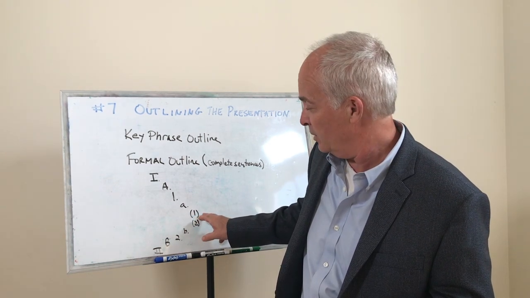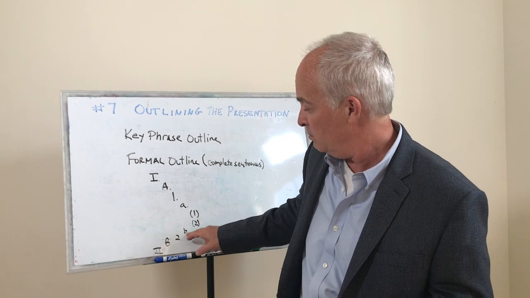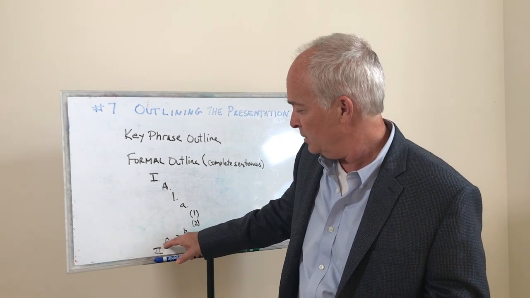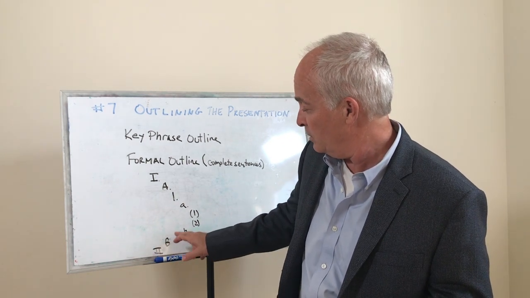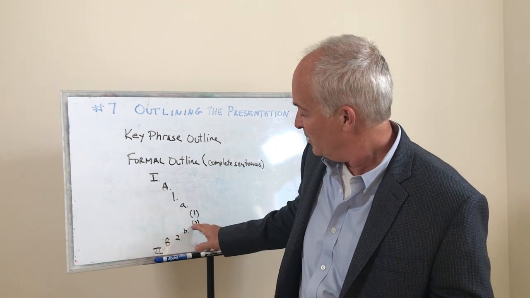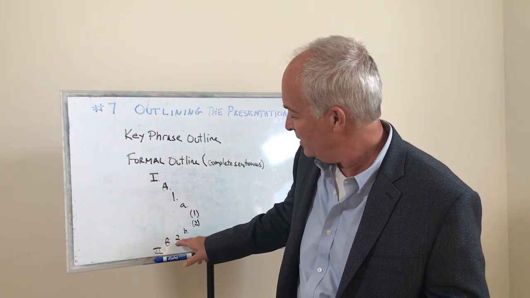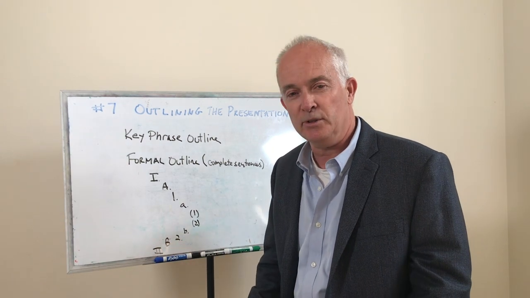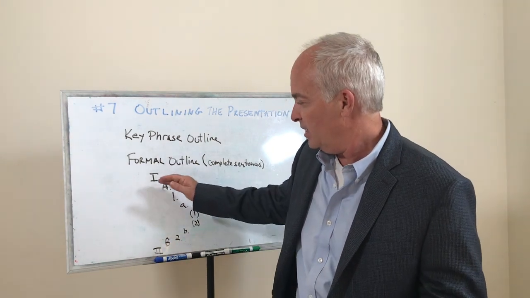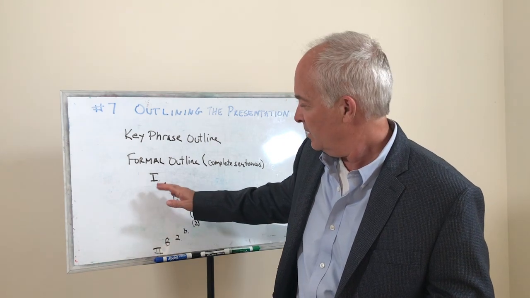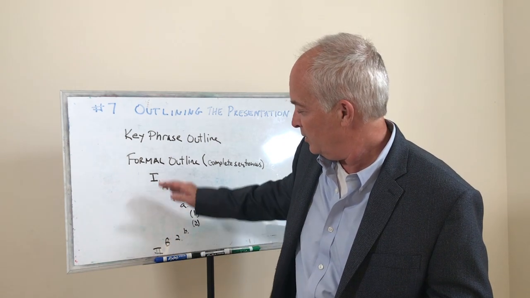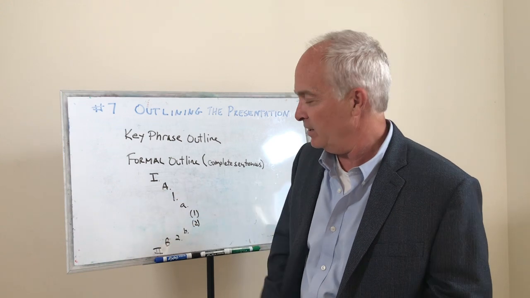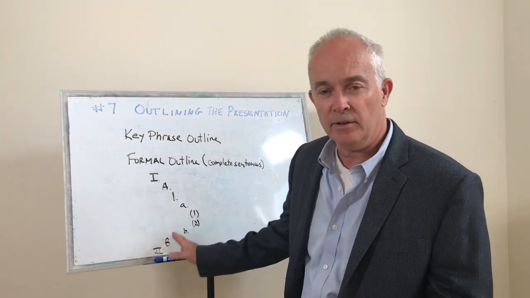If you have to go farther, you could go a in parentheses, but then 2, b, 2, B, and then Roman numeral II. And so you can have A, B, C here, and you can have A, B, C. The thing is just don't have an A by itself. But follow a particular pattern.